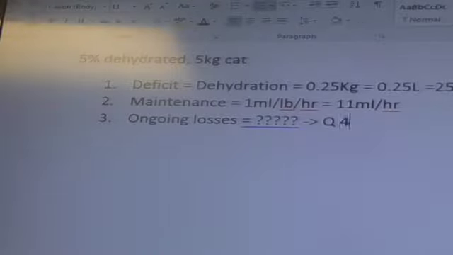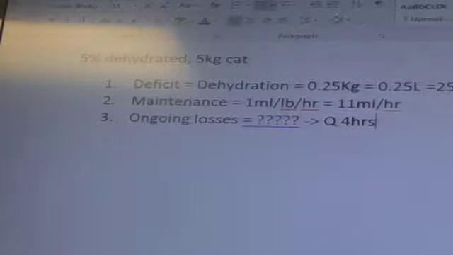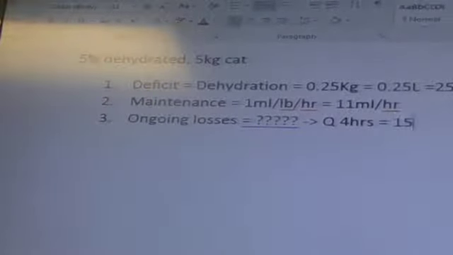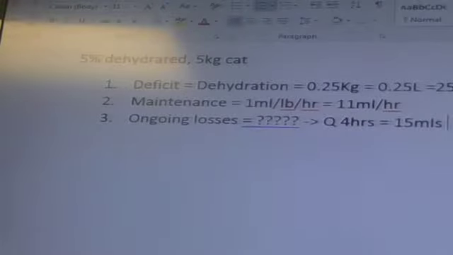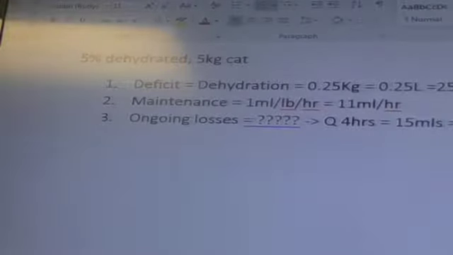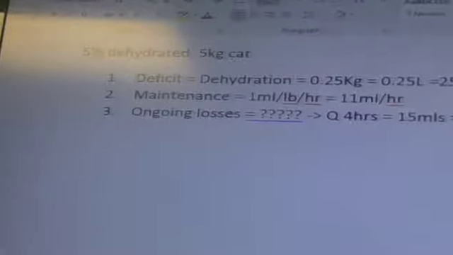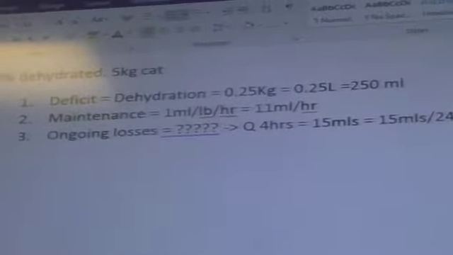I'm going to count losses. And let's say in 4 hours he vomits, let's say 15 ml. So now what do we do with those 15 ml? We have to replace them back, right? So what we can do is divide those 15 ml by 24, and what's that rate?